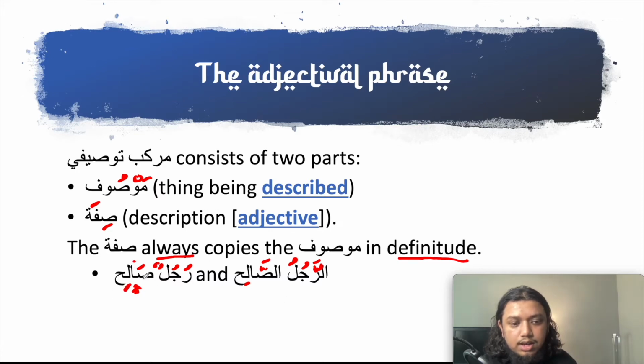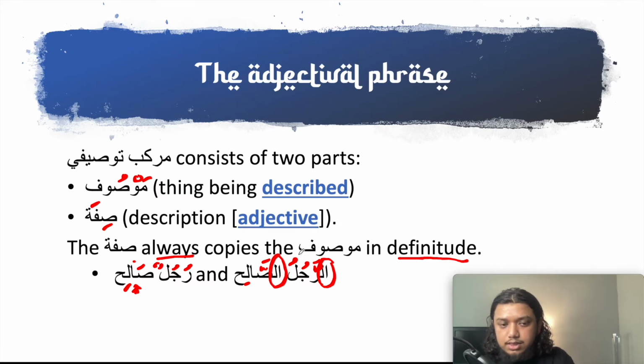In this first example, ar-rajulu as-salih, the pious man, as you can see here, it has the alif lam. So ar-rajulu is ma'rifah, it is definite. Therefore the sifah, the adjective, has to copy it in being definite. As-salih, as you can see here.